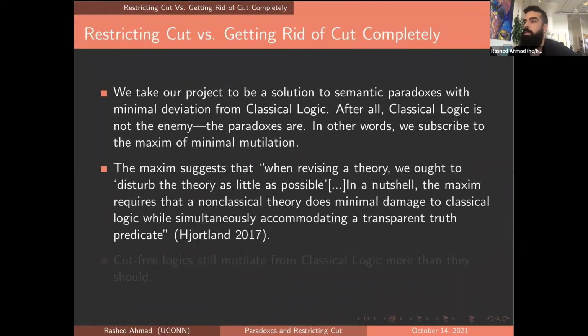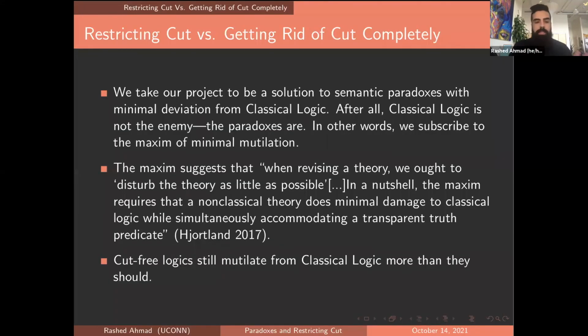So in a nutshell, the maxim requires that a non-classical theory does minimal damage to classical logic while simultaneously accommodating a transparent truth predicate. And that's what we're doing, right? We can accommodate full transparency. We don't have any problem with it because the paradoxes are not going to arise because we block them at the last step.